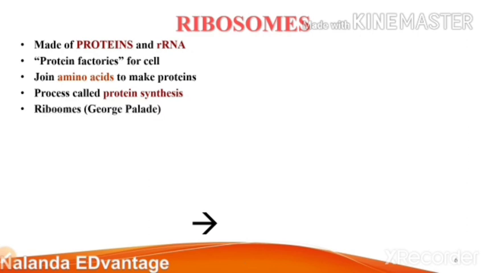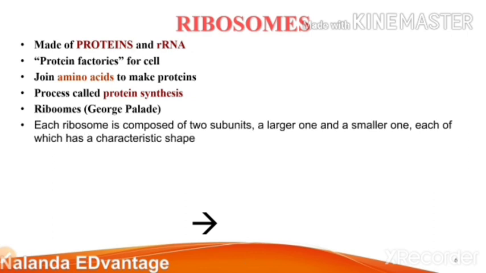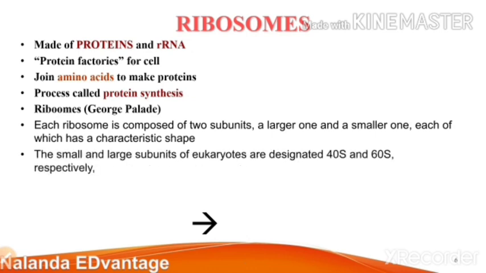Ribosomes were discovered by George Palade, and each ribosome is basically composed of two subunits, a larger one and a smaller one. Each one has a characteristic shape also, and these subunits are different in eukaryotes as well as prokaryotes. The small and the large subunit of eukaryotes are designated as 40S and 60S respectively.